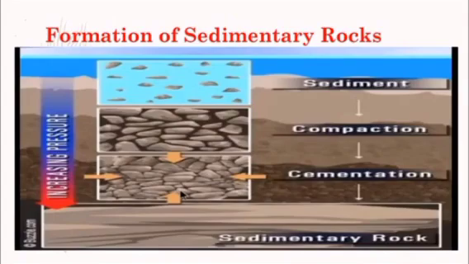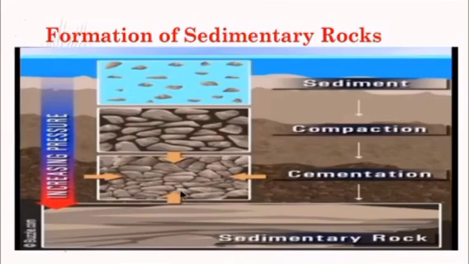Now let's see how the sedimentary rocks are formed. In the first picture you can see some fine particles which are broken from igneous rocks. They get eroded by natural agents like air or wind, and undergo compaction, which means they will solidify.